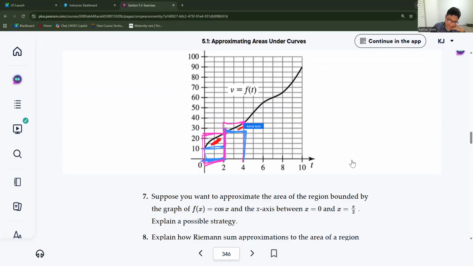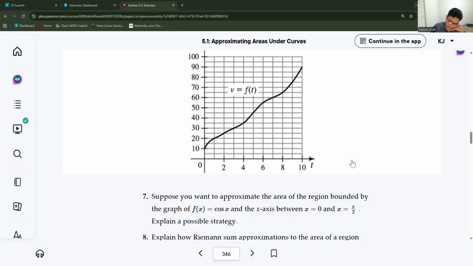So you can see you are going to count some extra squares, or extra area. So that will be an overestimate. Left, underestimate. Right, overestimate. And let me erase that and discuss the midpoint.